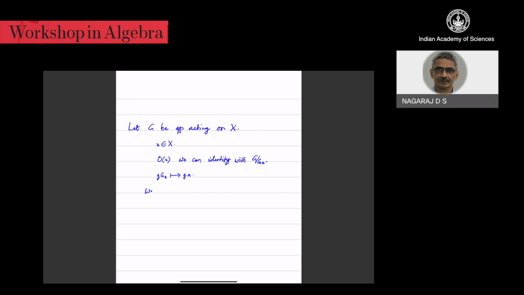We see that this map, the rho map, gives us a bijection from G mod Gx to the orbit of x.